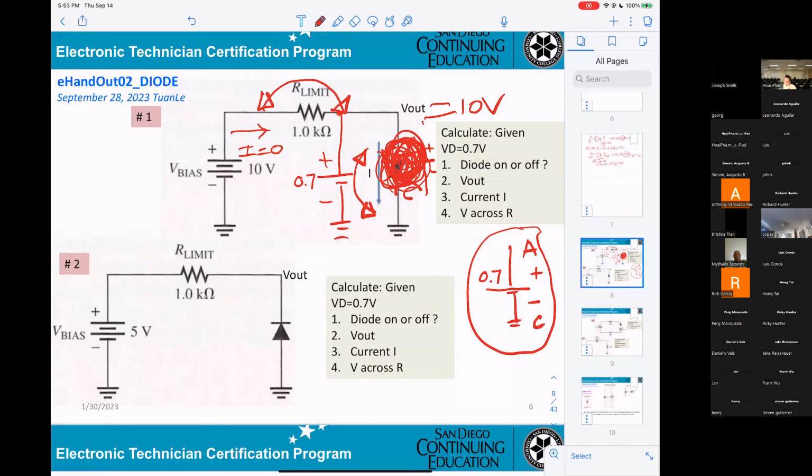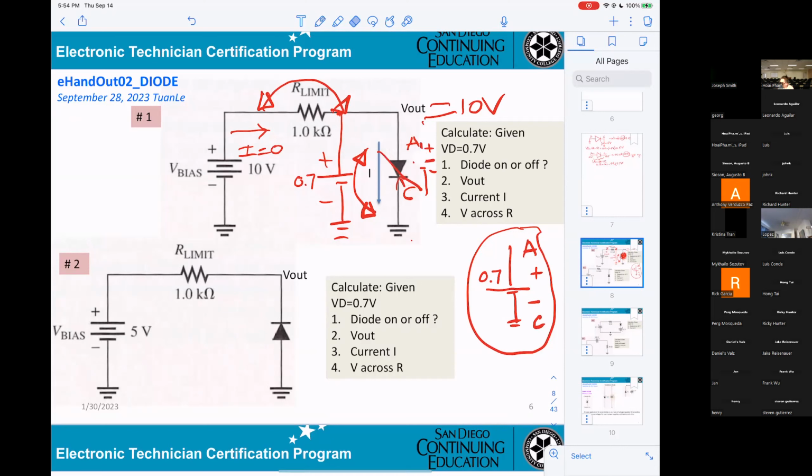That means 10 volts, they don't drop any voltage, so they get 10 volts. And 10 volts compared to 0.7 volt, that means 10 volt here is higher than 0.7. That's why I say the diode is on.